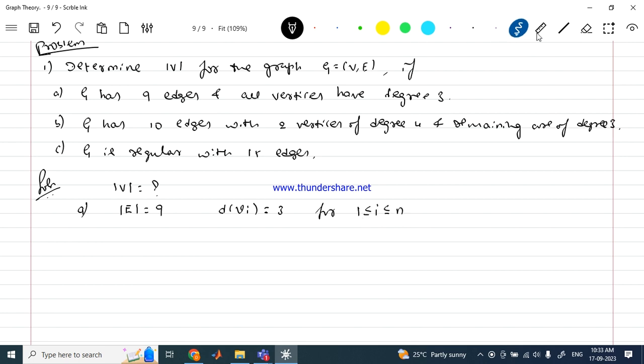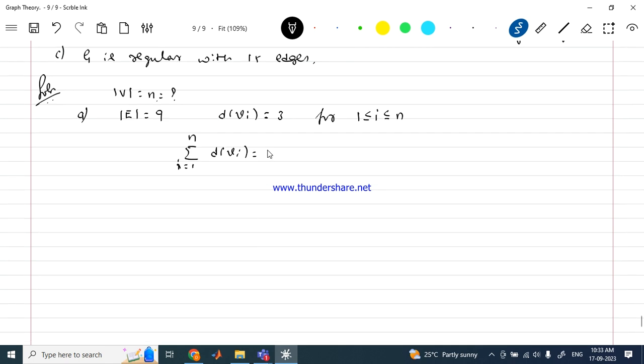Let me assume that we have n vertices here, and let me compute the value of n. What the handshaking property says: sum of the degrees, i equal to 1 to n, degree of Vi is equal to 2 times the number of edges.